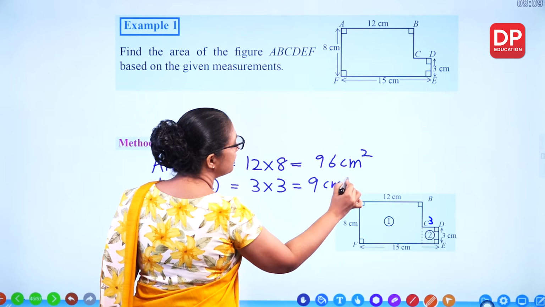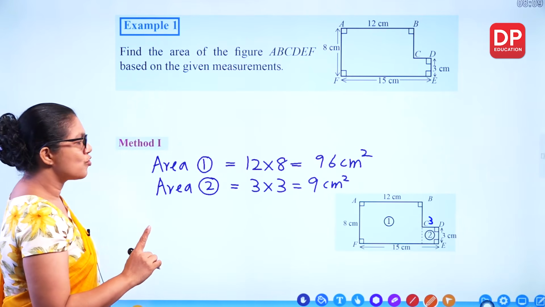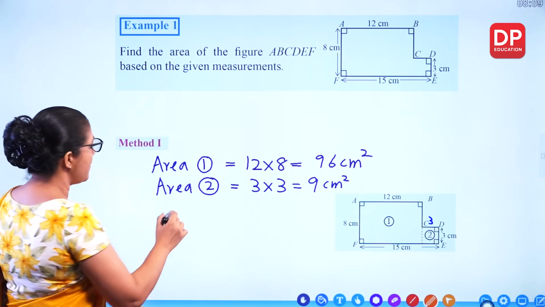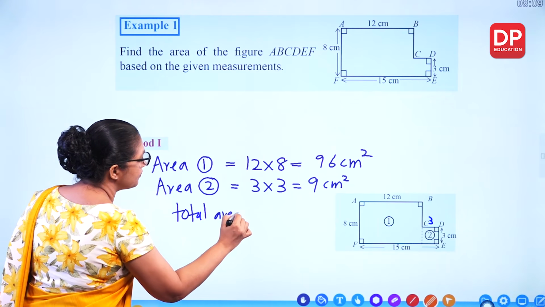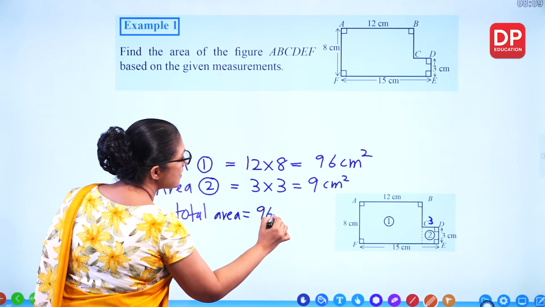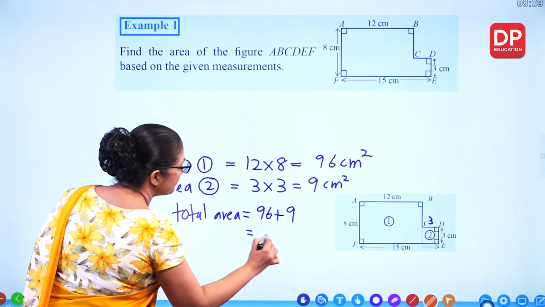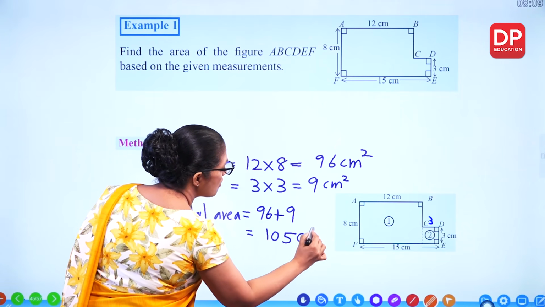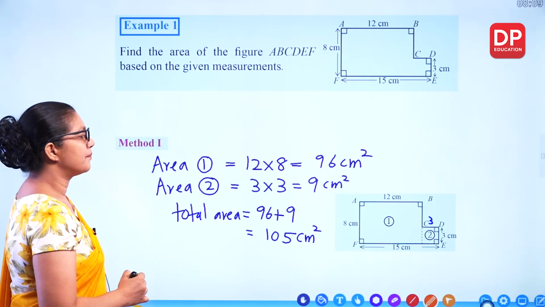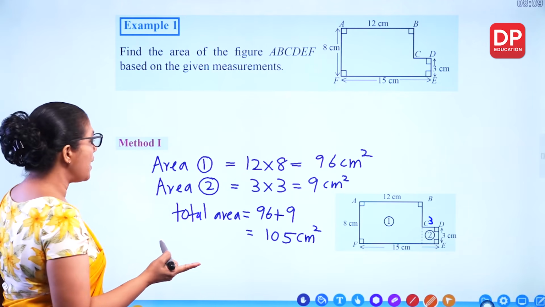That's a square. So when you add these two, you get the total area. So total area, 96 plus 9, 105 square centimeters.